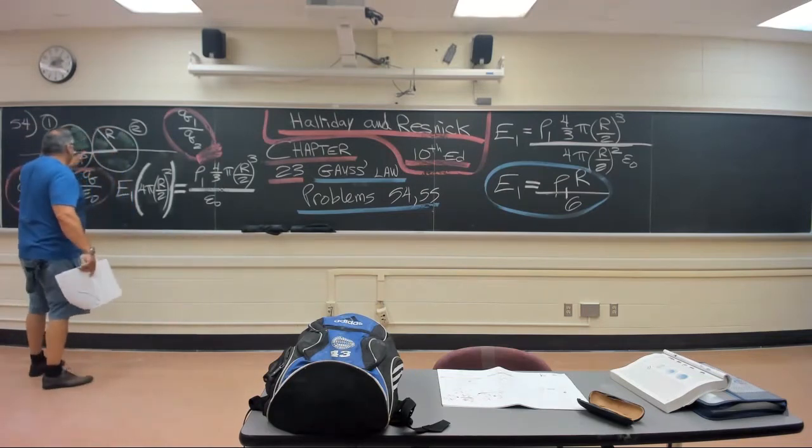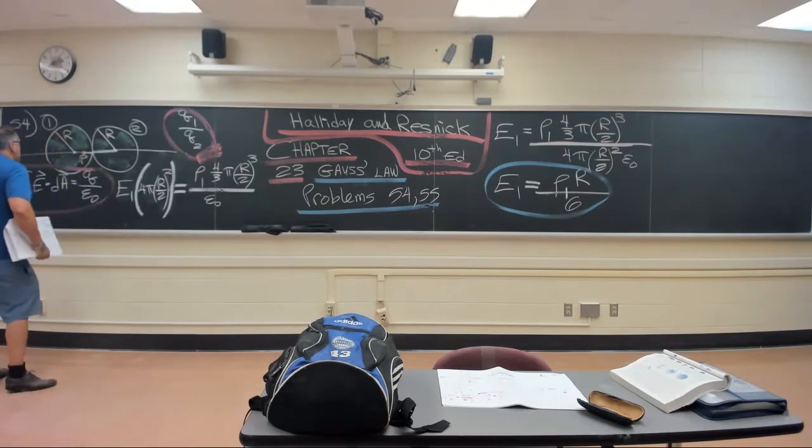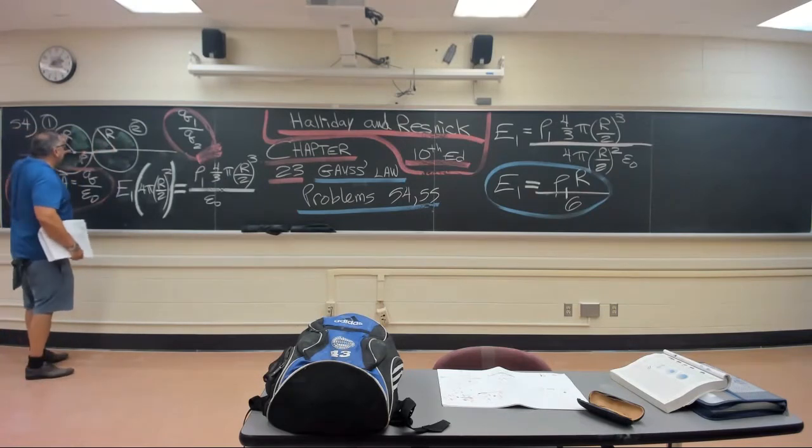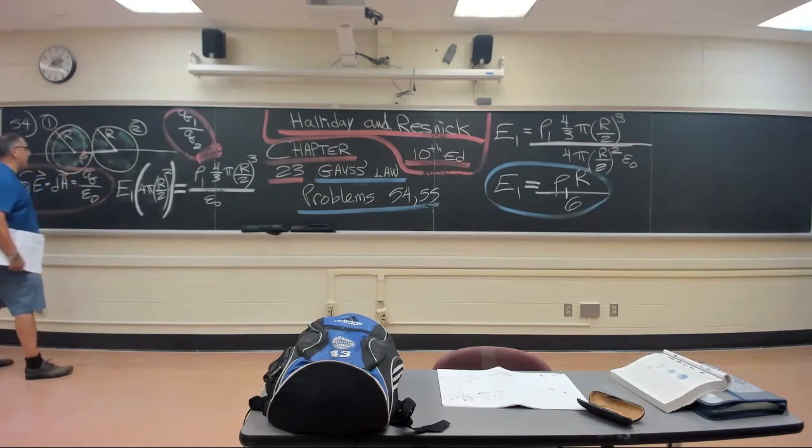That's the distance here, but we have the E field associated with what's happening here. I'm only talking about the E field associated with this. This doesn't come into play.